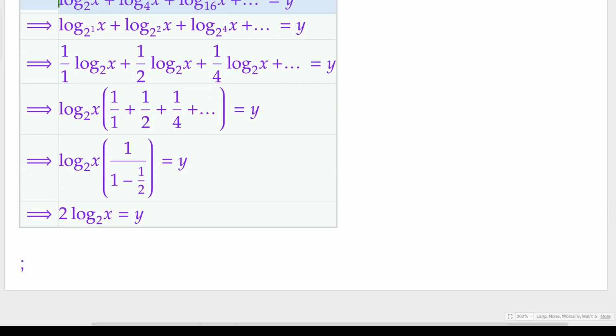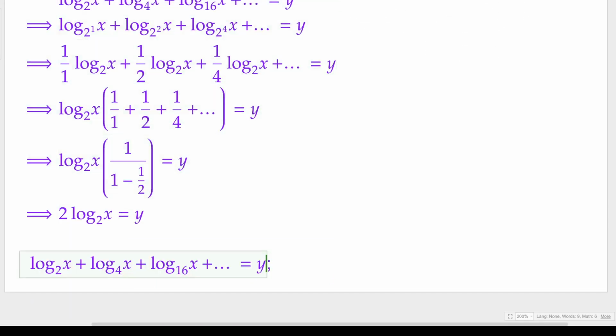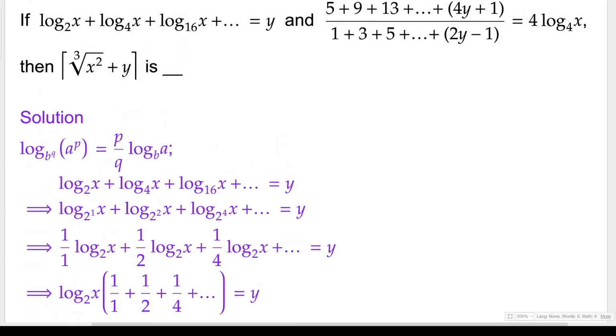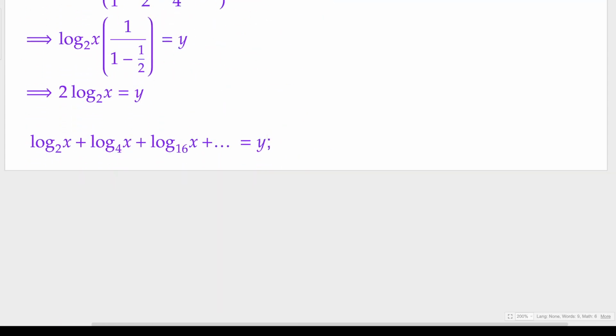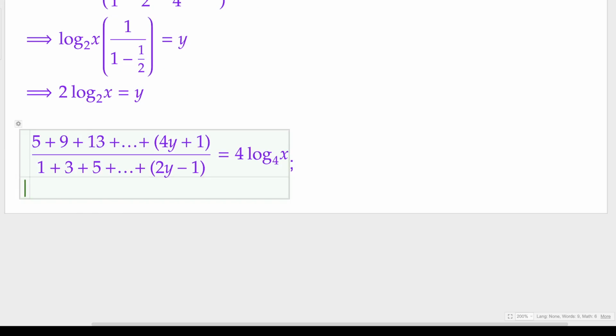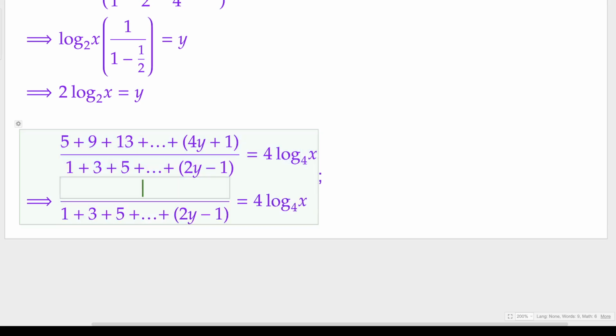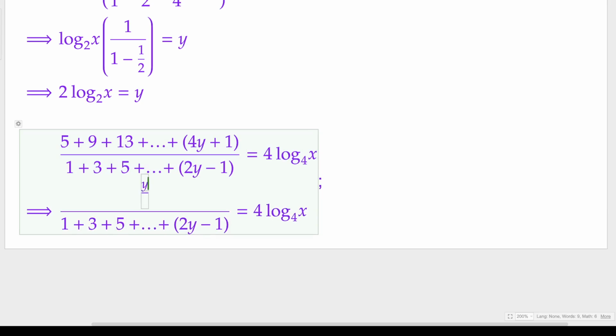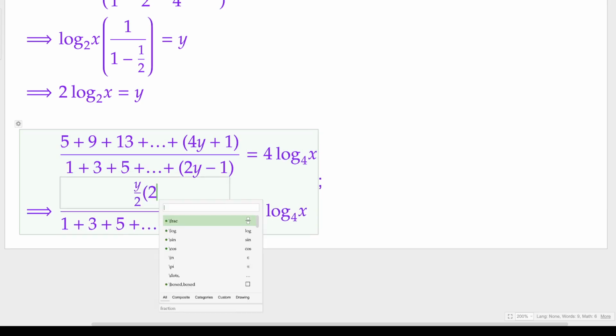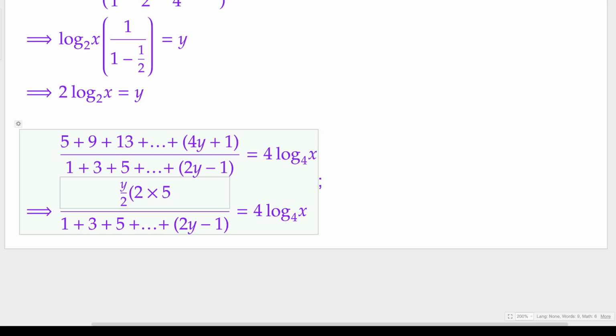So let me consider this given equation. You can observe that the numerator is an arithmetic progression with a common difference of 4. So I'll replicate this as it is, and the sum of this term would be y over 2 times 2a, that is 2 times 5 plus y minus 1 times the common difference, that is 4.